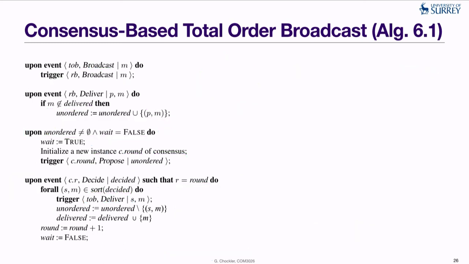Just as a quick footnote, there is a minor mistake in the pseudocode of this algorithm in the textbook. This mistake is fixed in the pseudocode that you see on this slide. The mistake is in this for all loop here.